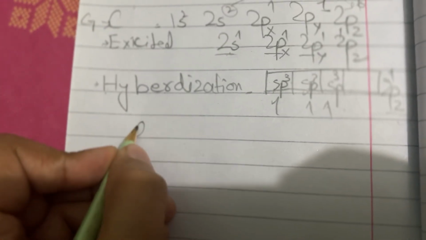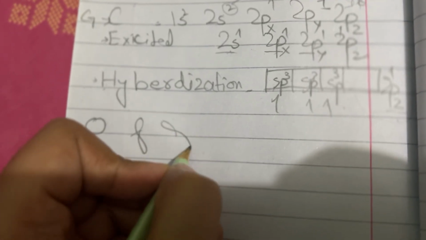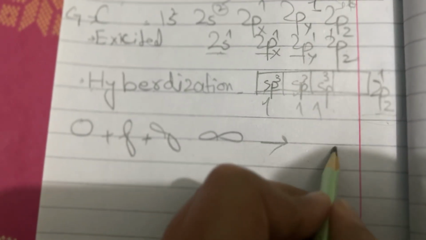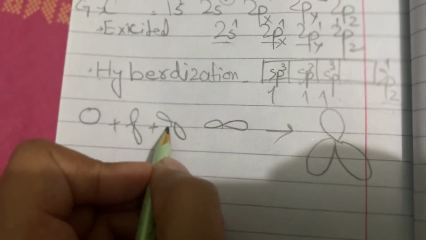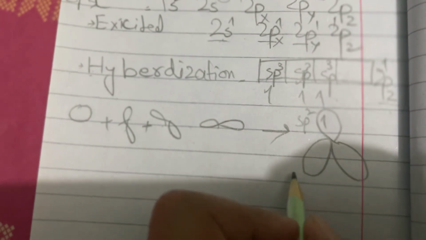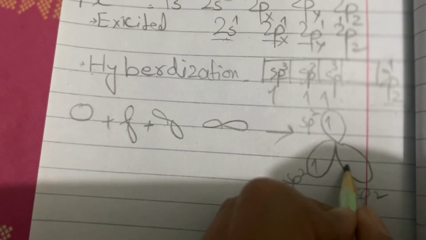So actually, this is s, this is px, this is py, this is pz. When the hybridization between them takes place, the sp2 orbitals become prominent. This orbital is sp2, this orbital is sp2, and this orbital is sp2, each with one electron.